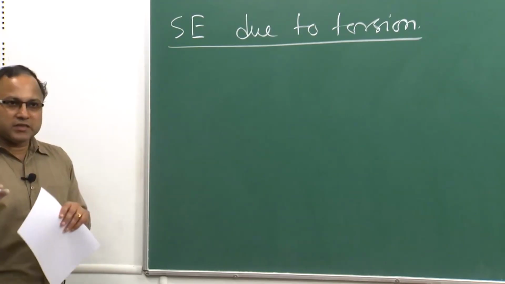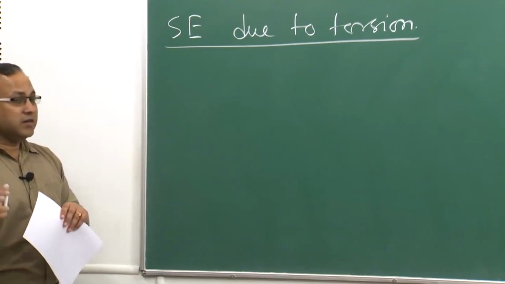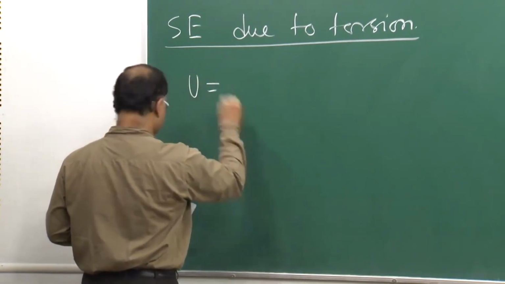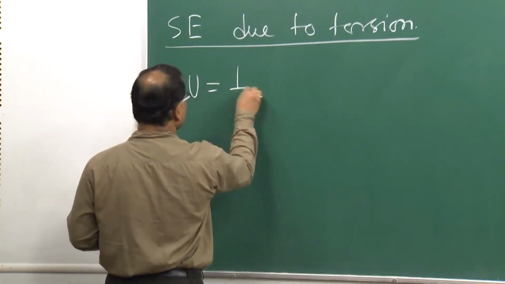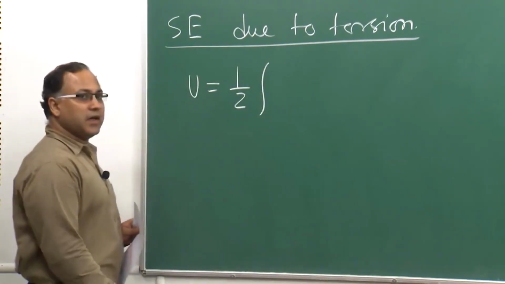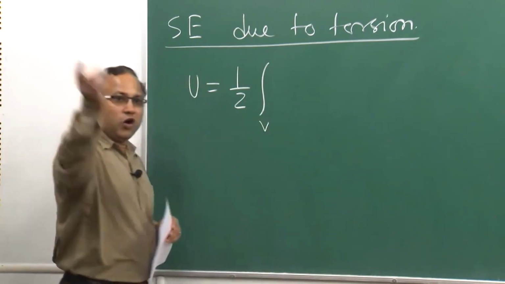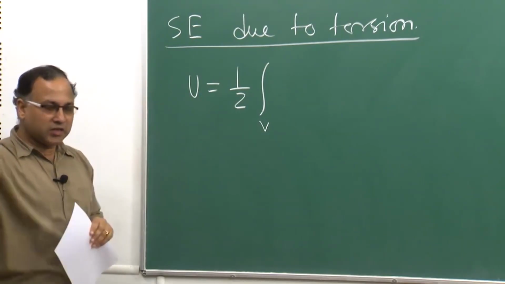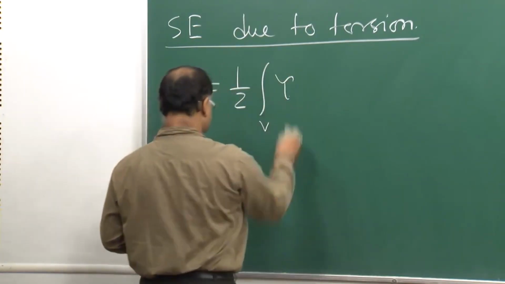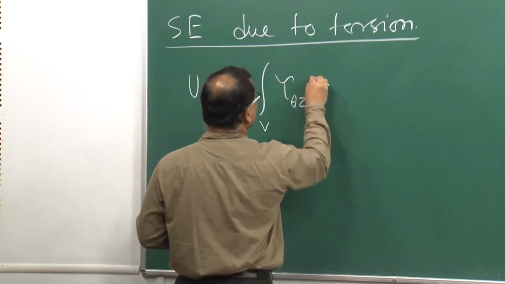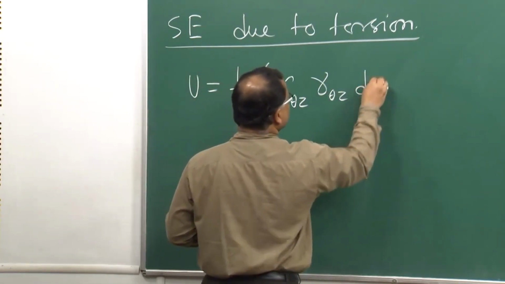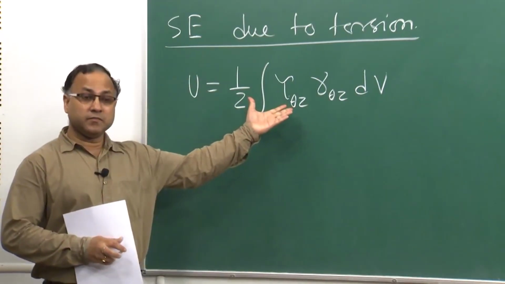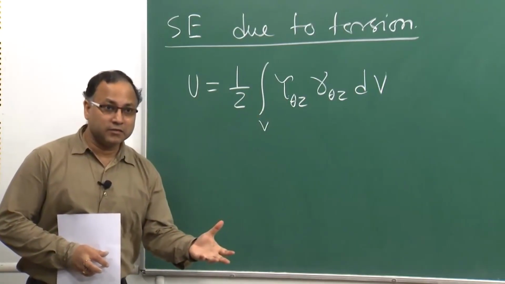If we consider that kind of elastic body under a twisting moment, then the strain energy can be written as, if you recall the expression from the last lecture, half integral of tau theta z gamma theta z dV, because only tau theta z will be existing under torsion.